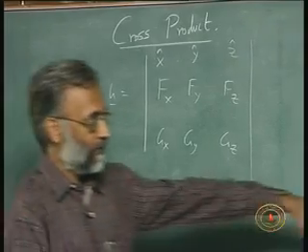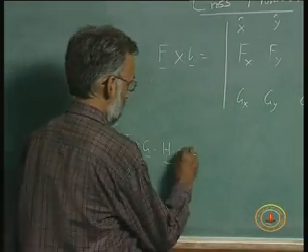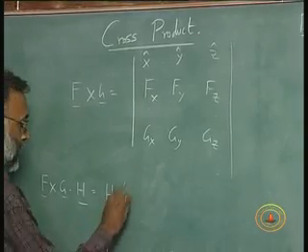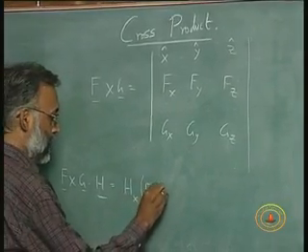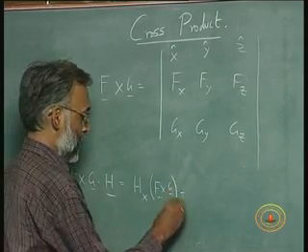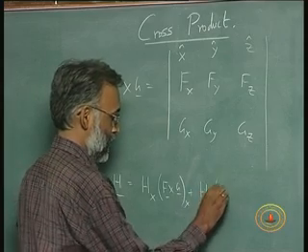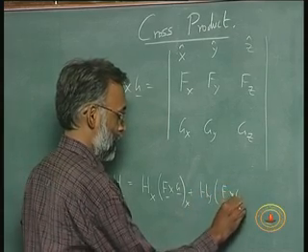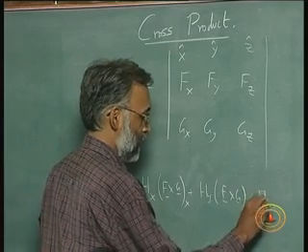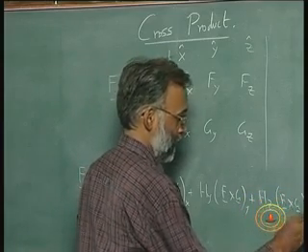I would take this expression and I would say that this is equal to the x component of h times f cross g x component plus hy times f cross g y plus hz times f cross g z.